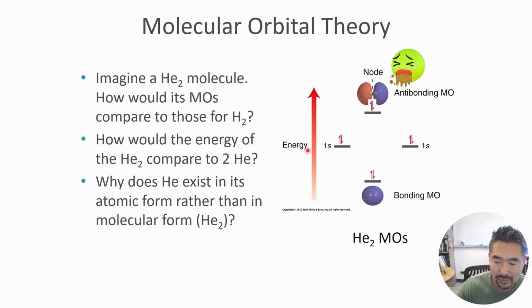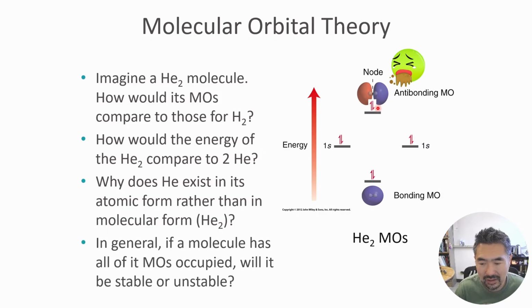Of the 4 electrons you would have to account for in a helium-2 molecule, you would have to put 2 in the anti-bonding molecular orbital, which has really high energy because it only contributes to repulsion between the two nuclei, which is not good, right?